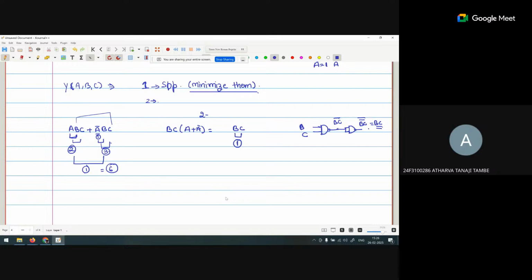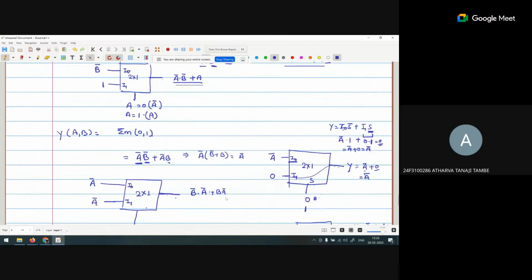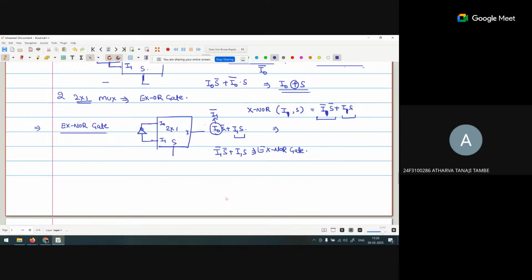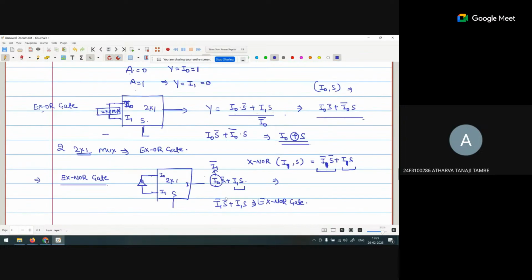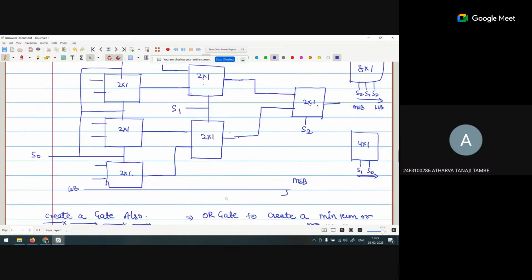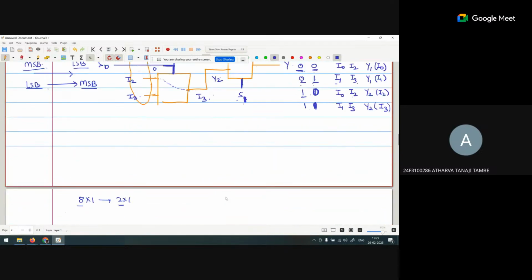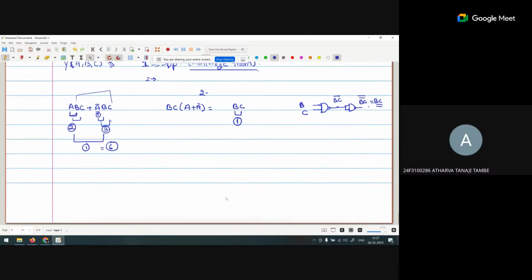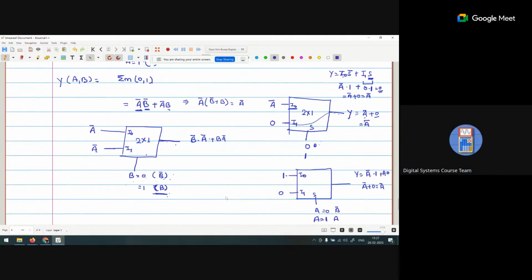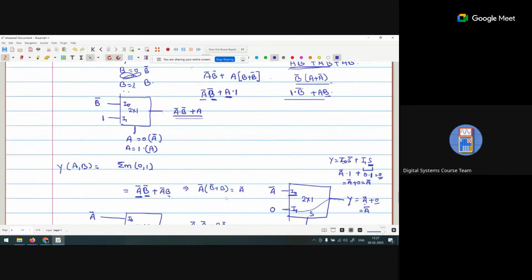Sir, can you go to the previous slide? Not this, a little bit down. I didn't get the way to solve it, or to make that inverter. You are asking about this one? How we implement the inverter?